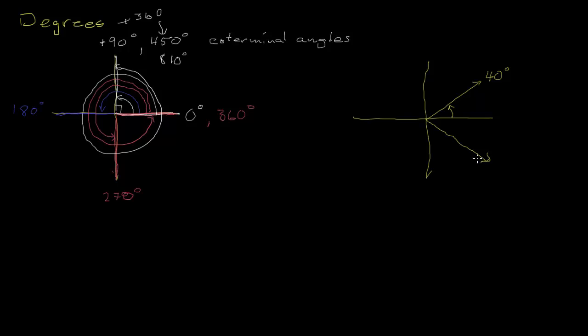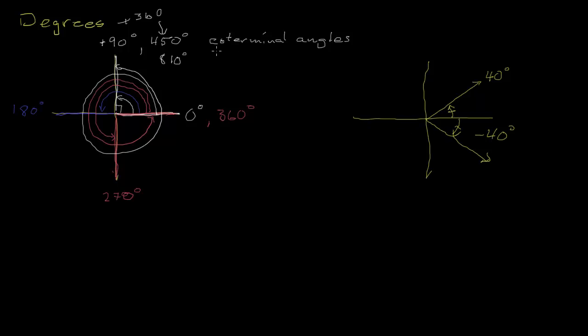Say I rotate this way. Now that's negative 40 degrees. These two angles are the same size, they're both 40 degrees, but this is a rotation in the clockwise direction. And so we now expand our definition of angles to include positive and negative, and it depends upon which direction we're rotating.